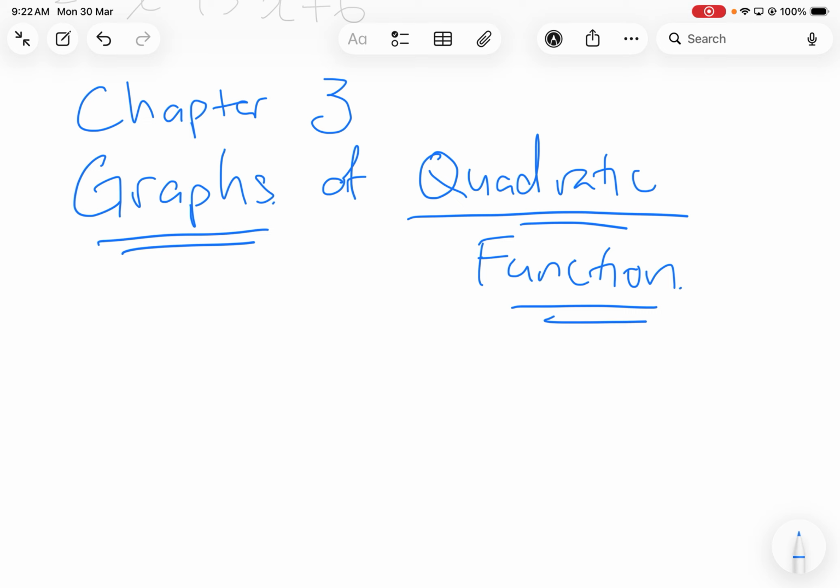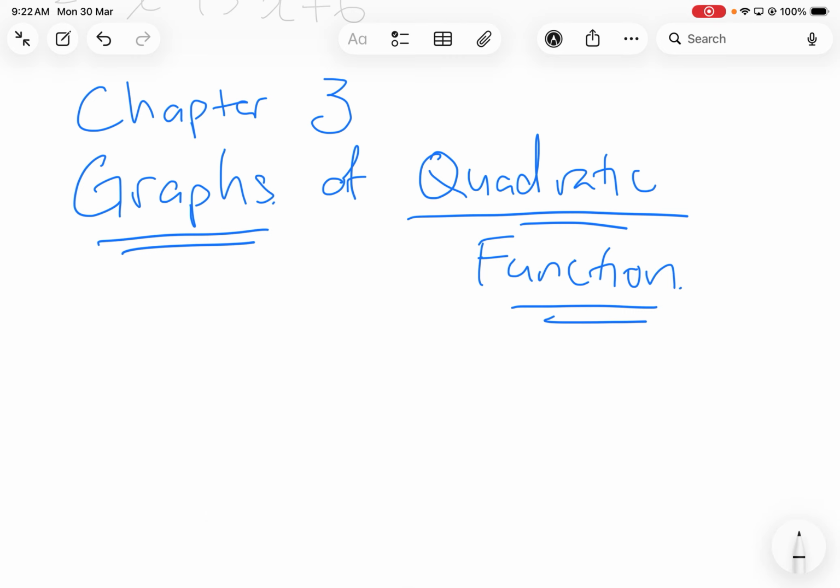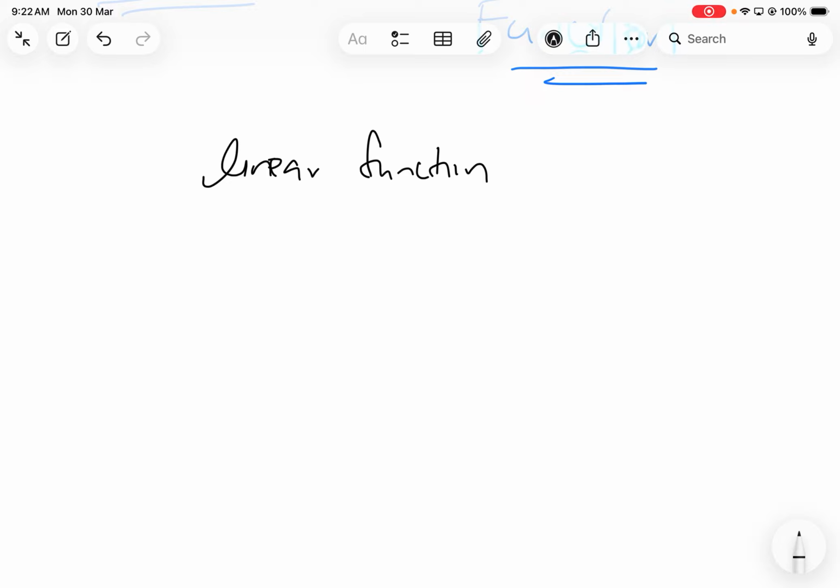Actually, last year when you all started to learn about graph of linear function, in Sec 2, what you all learned is linear function. Okay, linear function.